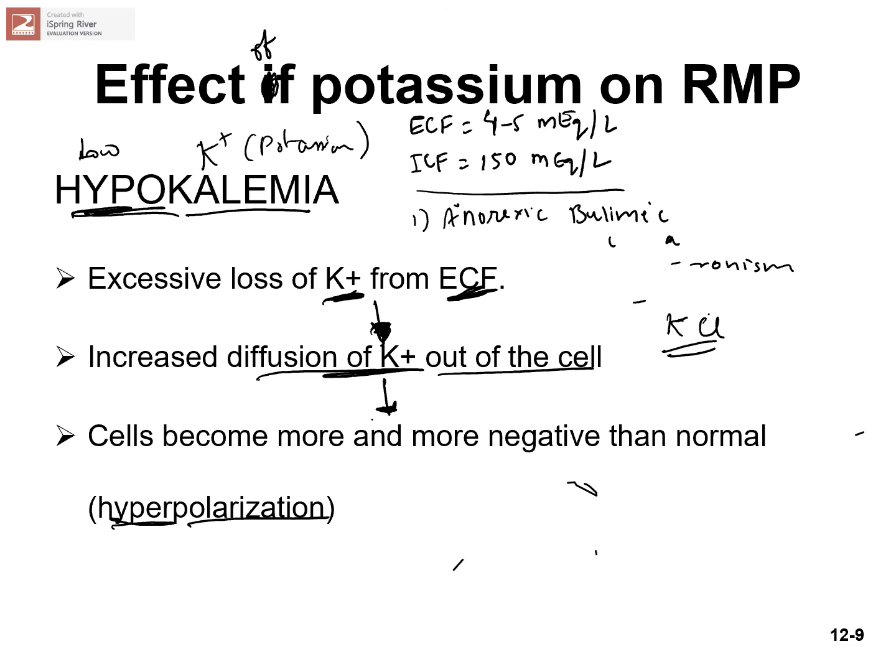If you lose a lot of potassium ions, you end up having not so much potassium inside the cell. This causes increased polarization in the cell. So when you have hyperpolarization, everything in the body slows down.